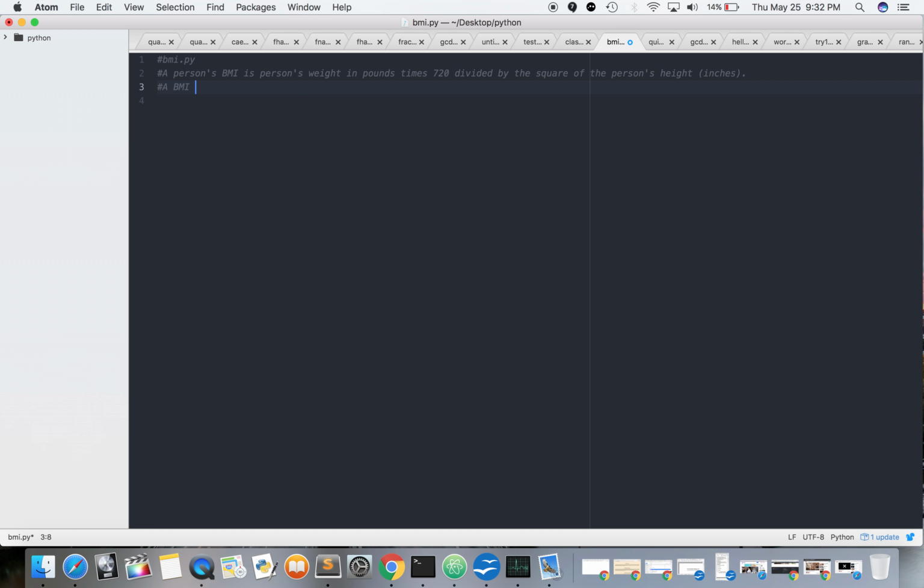A BMI of 19 to 25 is considered healthy.